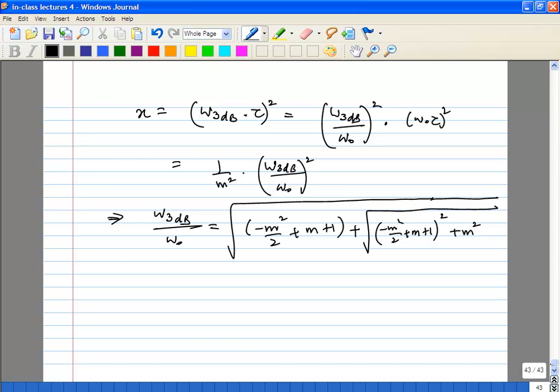So you get something like this. It looks crazy, and this is actually the simplest of the bandwidth extensions.